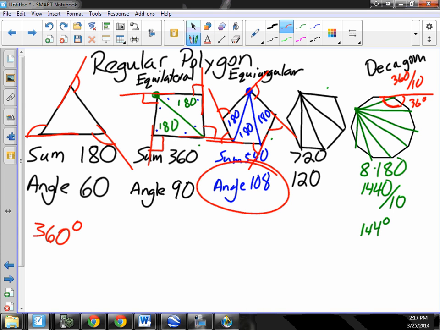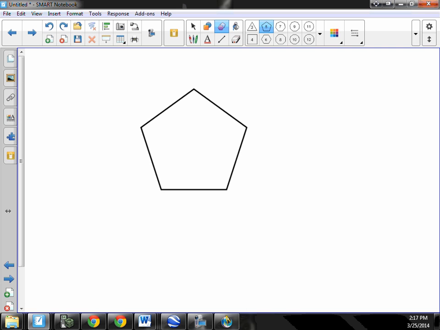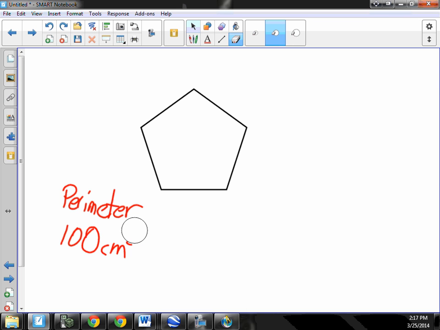Now this is where this gets tough, so if you get confused, please ask a lot of questions. If I had a regular pentagon, and I told you that the perimeter was 100 centimeters, and I asked you, what is the area?